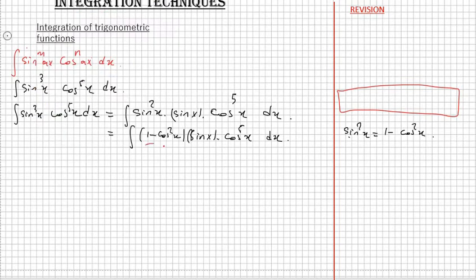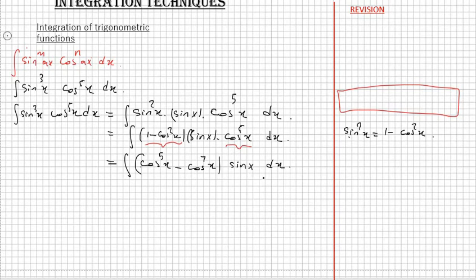Now I'm going to multiply these two, because they are like terms. If I multiply them, I get cos to the power of 5x minus cos to the power of 7x, and everything multiplied by sine x, and then I have dx.